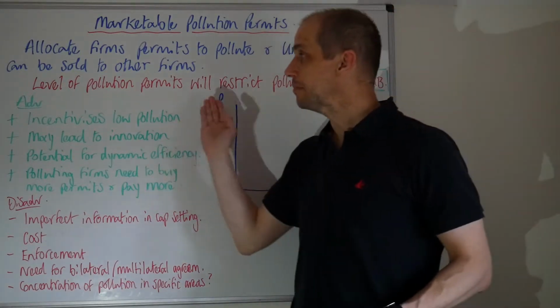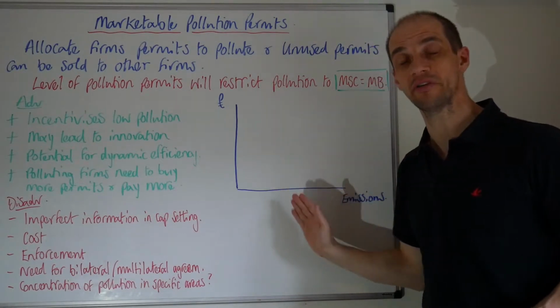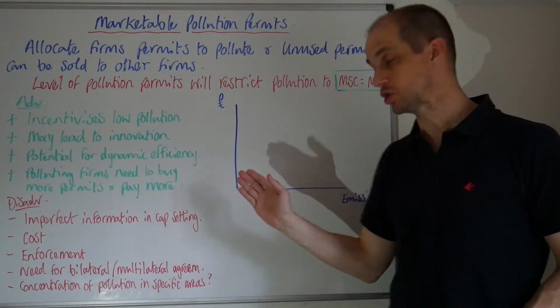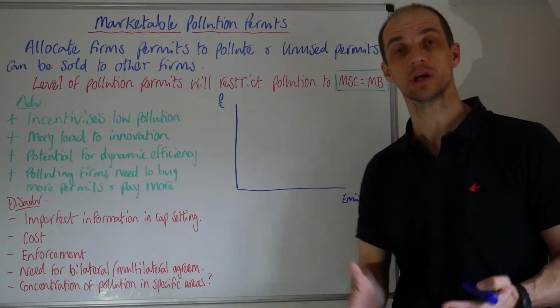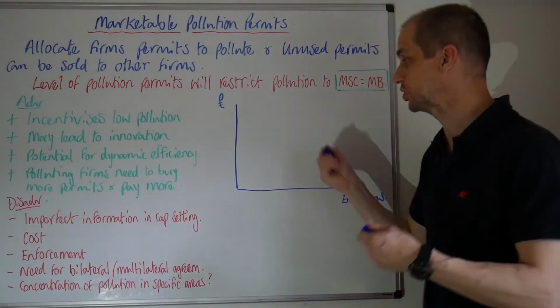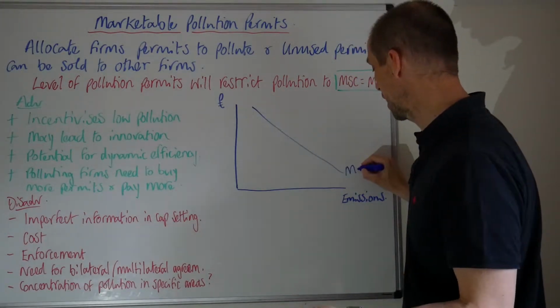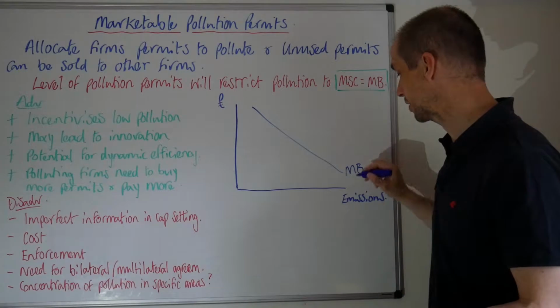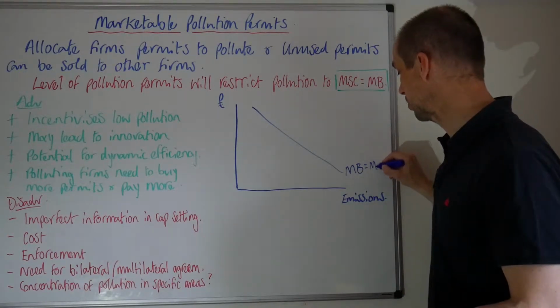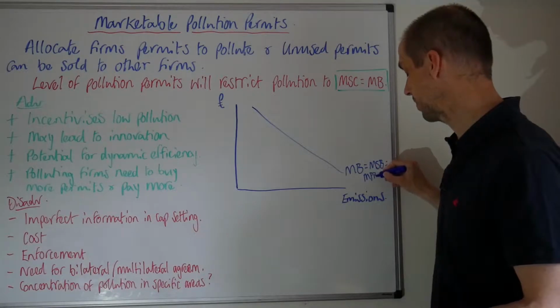Now that means that you will determine a level of output for pollution and for your level of emissions which is going to be socially optimal, or so the theory would suggest to us. So if we consider the way in which that would look, here we have our marginal benefit curve, and this would be the marginal social benefit equals the marginal private benefit.